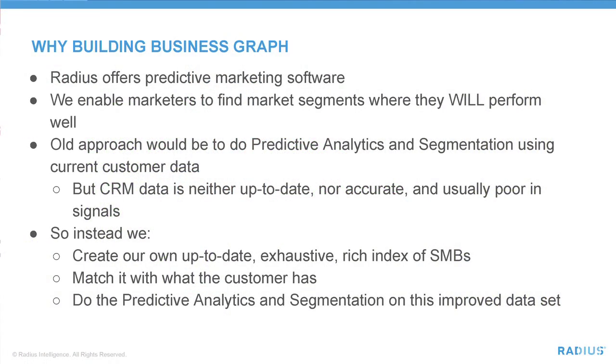Now, back to the business graph, what do we need it for? Remember that what we're trying to do is enable CMOs and VPs of sales to find the segments where they will be performing well. And one naive approach, I would say, would be to do predictive analytics and segmentation on their raw Salesforce data.